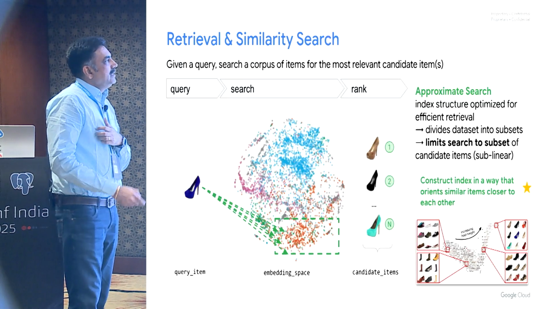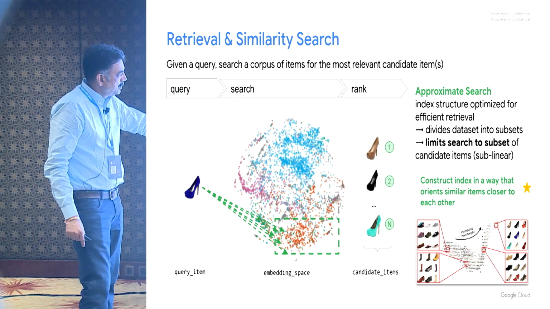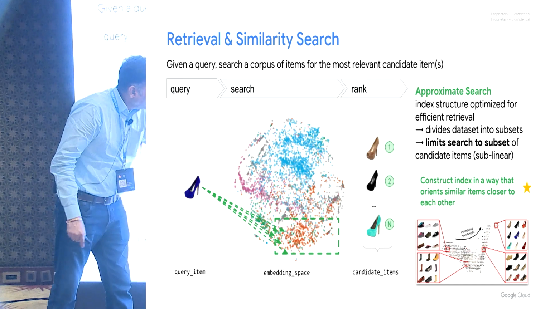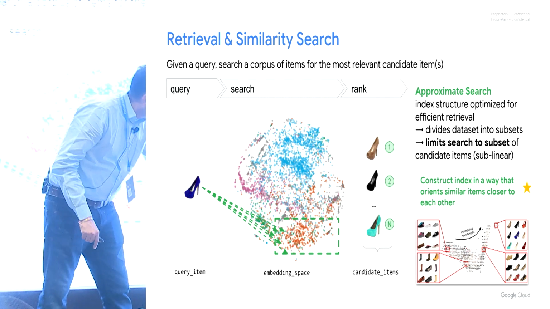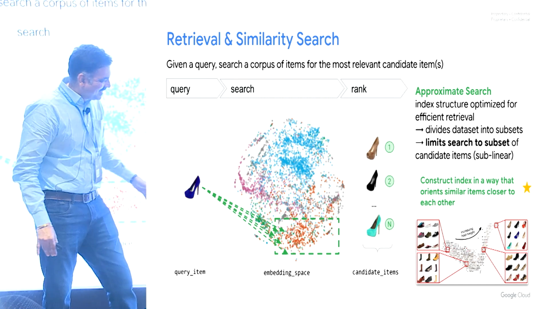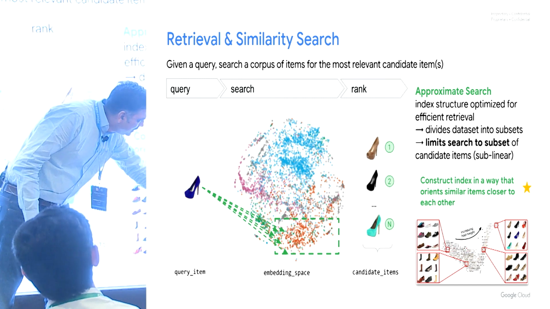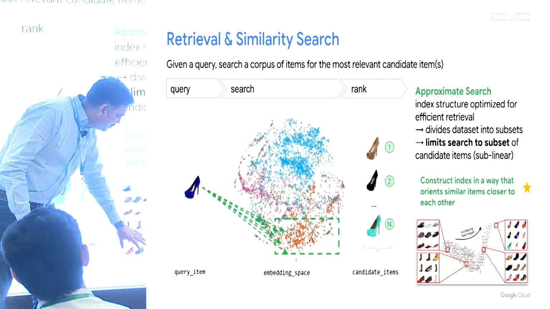Now with indexes, what happens? In the previous example, the shoe we try to search, we understand that all high heel shoes are located here. I don't know how many of you can see because this is not a proper stage, but all the high heel shoes are on this side, then the sport shoes are on this side, and the boots are on this side.